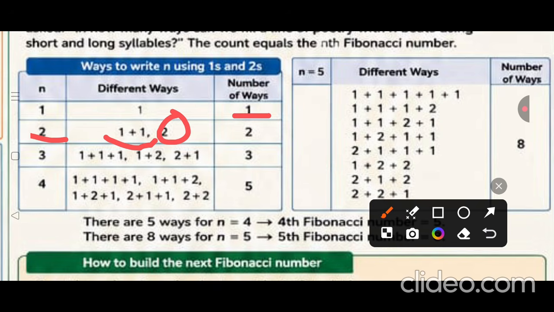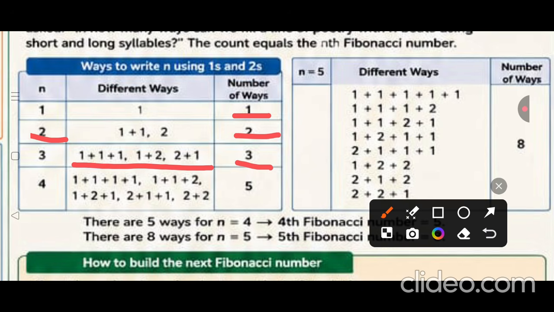So the number of ways is 2. Then if we need 3 beats, there are 3 ways to write. We can take 1 plus 1 plus 1, 1 plus 2, or 2 plus 1. So there are 3 ways.